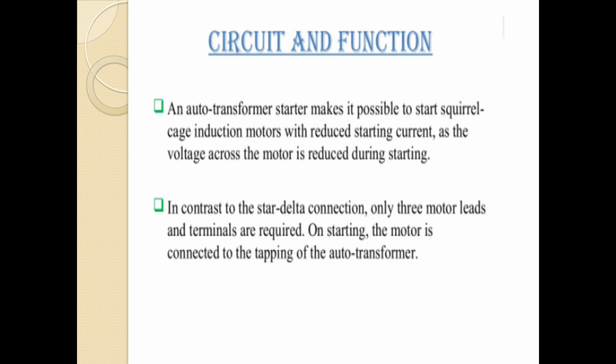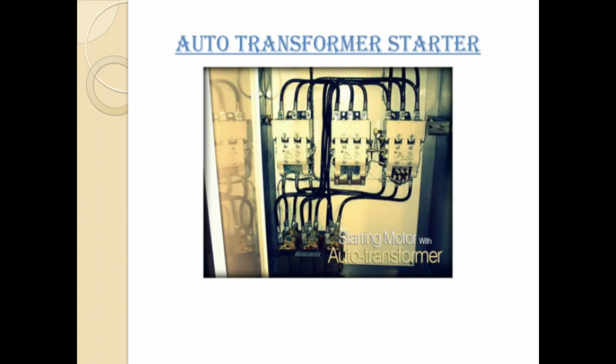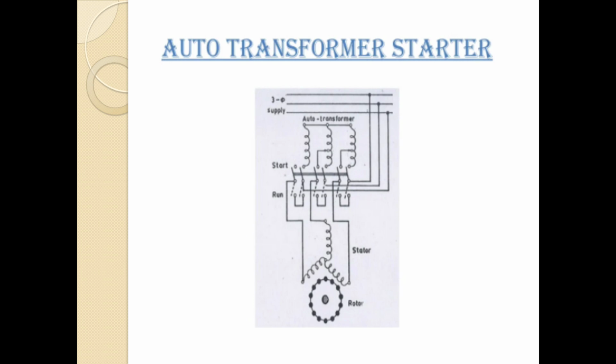Then the auto transformer is protected in two ways. One is overload protection and another one is low voltage protection. Overload protection means that when the motor current exceeds the preset value, the overload relay coil OLR is energized high enough to operate the contactor S1.